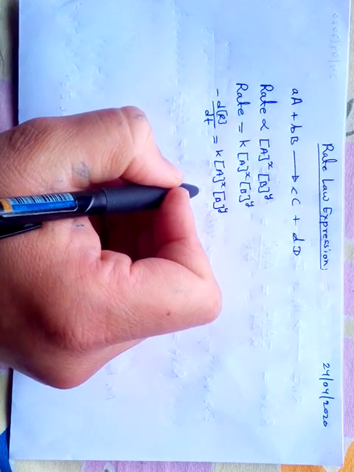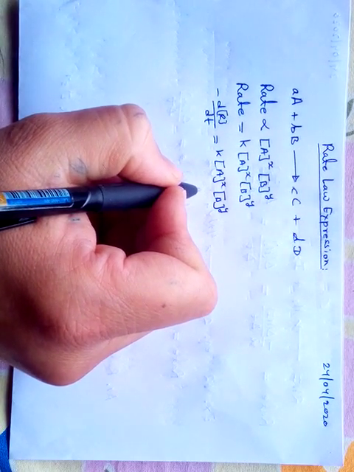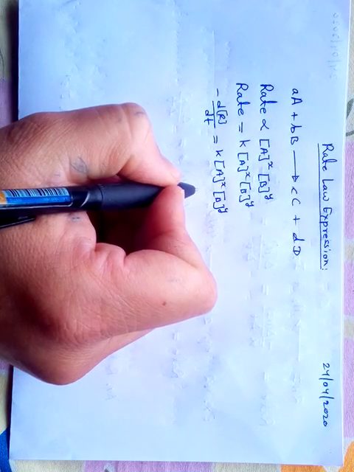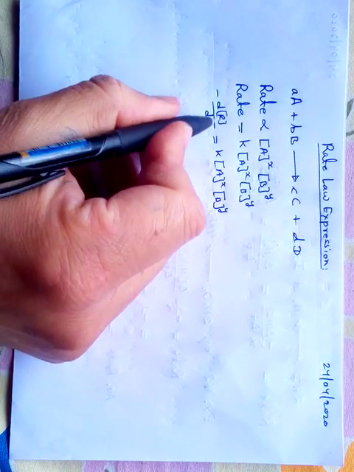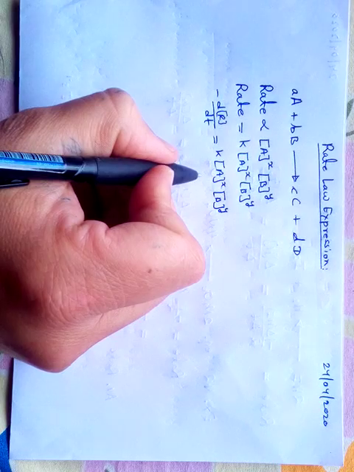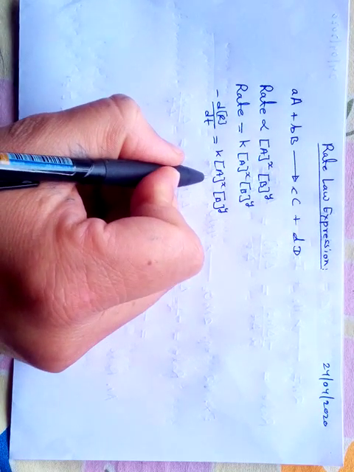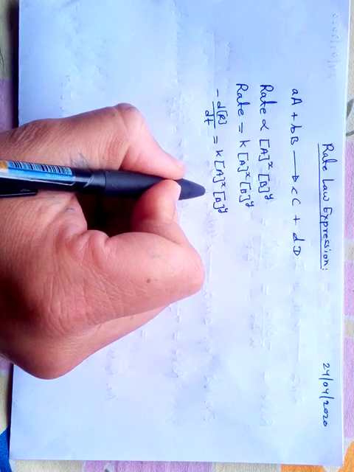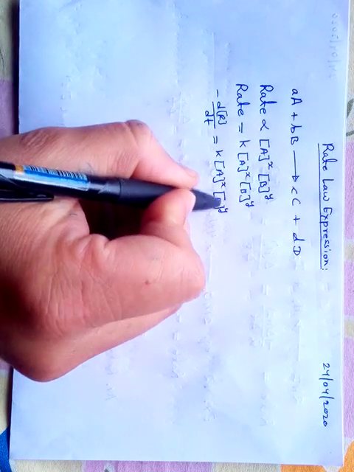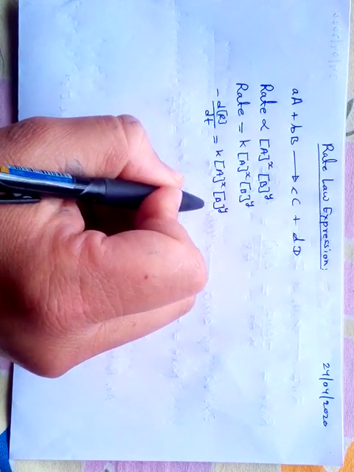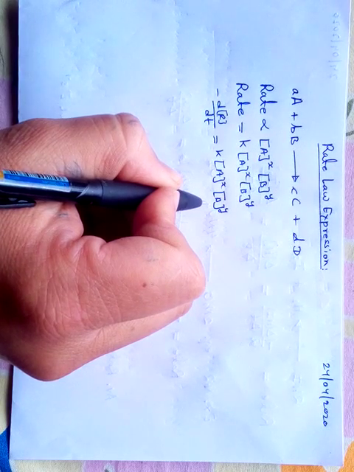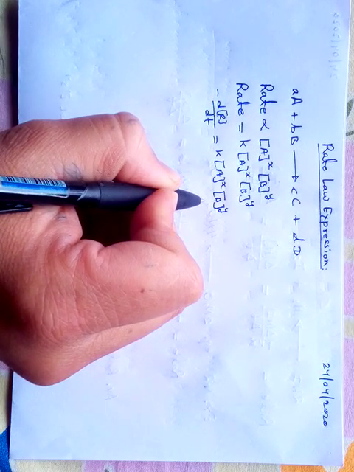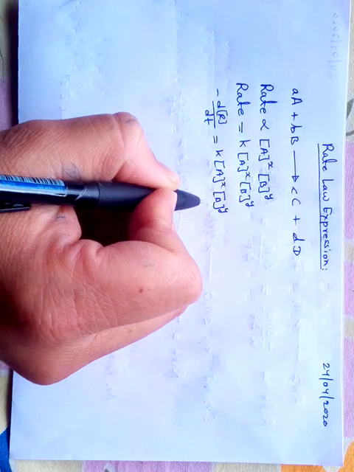The statement of the rate law expression is: the rate of a reaction in terms of molar concentration of the reactants, with each term raised to some power, here x and y, which may or may not be the same as the stoichiometric coefficient of the reacting species in a balanced chemical equation.